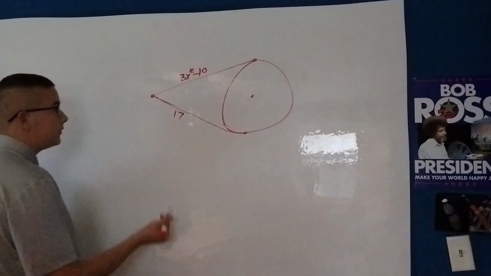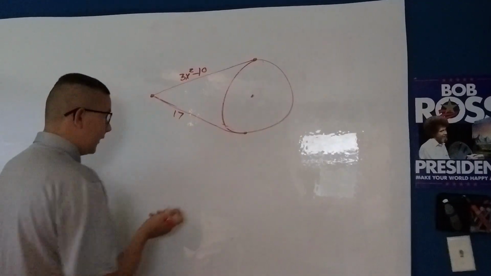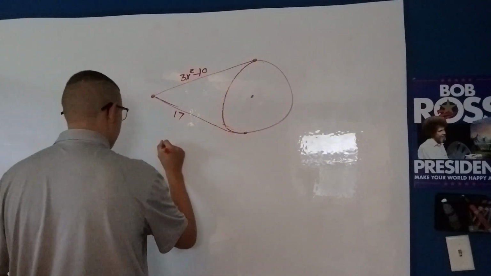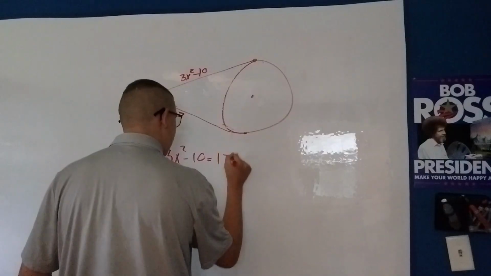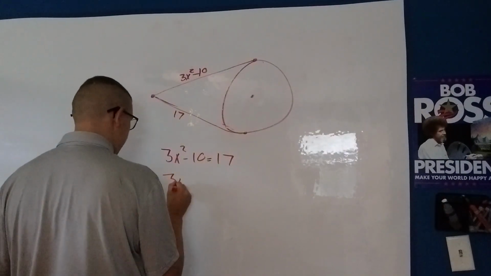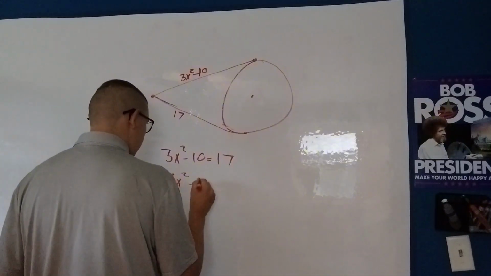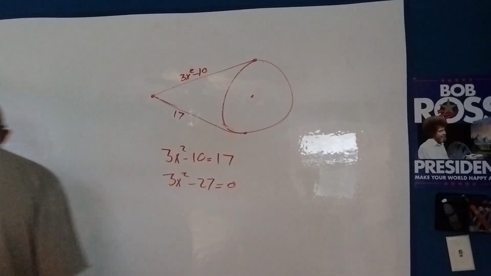Well, first we can set these equal to each other because we just proved that they're congruent. So we can say 3x squared minus 10 equals 17. We bring the 17 over: 3x squared minus 27 equals 0.